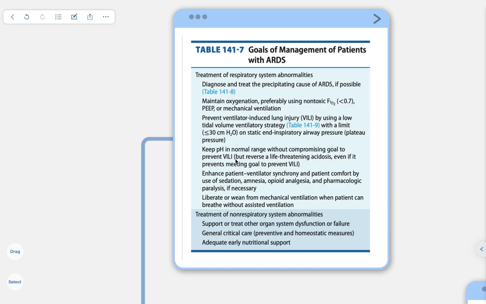So even if it may cause ventilator-induced lung injury, if a life-threatening acidosis is present, then even if we need to increase the tidal volume greater than the safe side, we should do it, even at the cost of VILI if required, right?